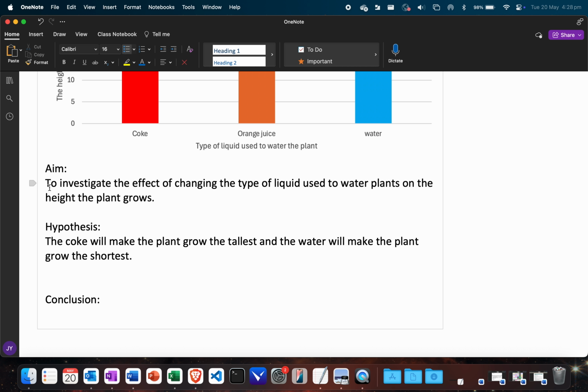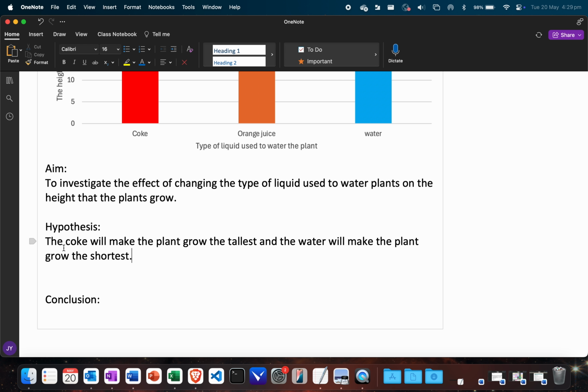The aim was to investigate the effect of changing the type of liquid used to water plants on the height that the plants grow. Let's make that grammatically correct.